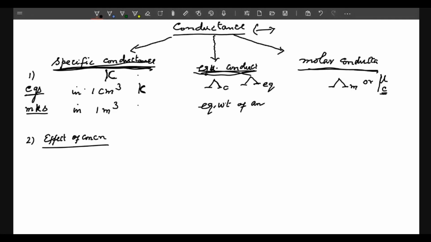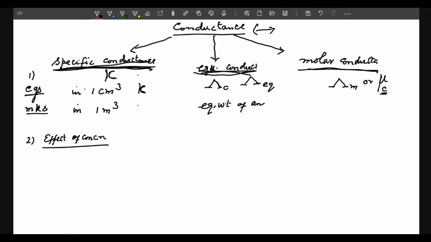If it meets a cation during its passage, there is cation-cation repulsion, and its speed will be increased. If it meets an anion, it will attract it. Therefore, its speed will be decreased. This we call the interionic attraction.